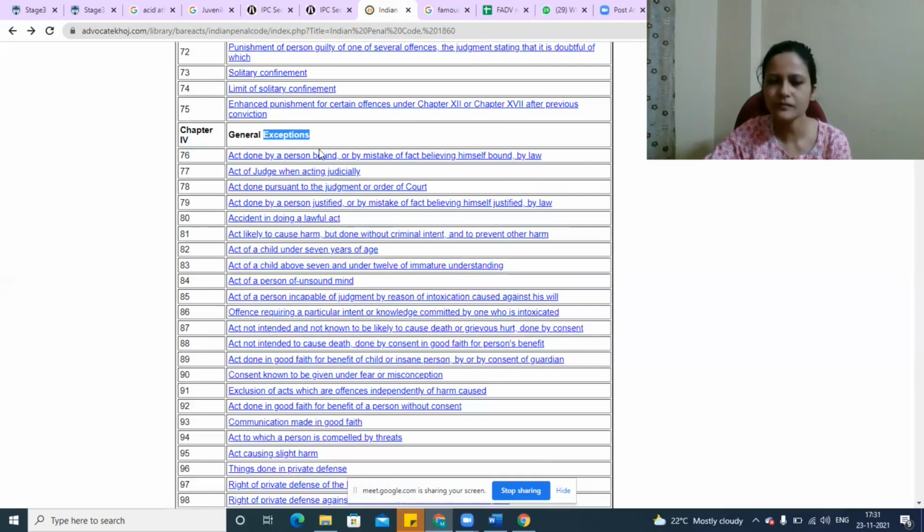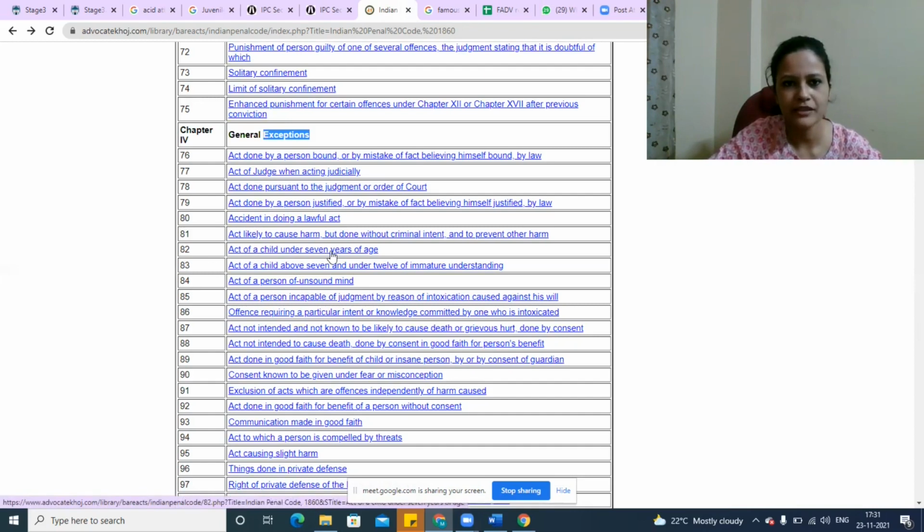Yes, ma'am. So in those, one very important provision is relating to a child. IPC says any child below the age of 7 years is mentally not mature enough to differentiate between right and wrong, so they cannot be held liable for any crime.